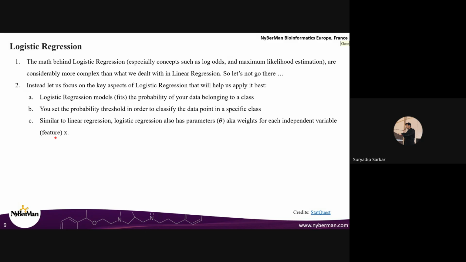The higher the weight for a particular feature, the more highly it is contributing towards your prediction. A feature which has a weight of 2 versus a feature which has a weight of 0.5 has a lot of difference in contribution. The feature with a weight of 2 is contributing a lot more towards your specific prediction.